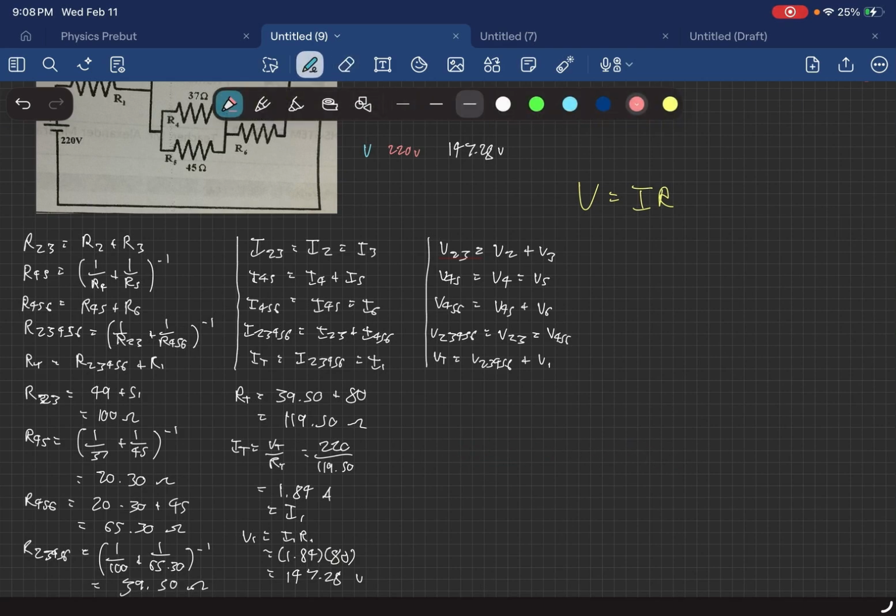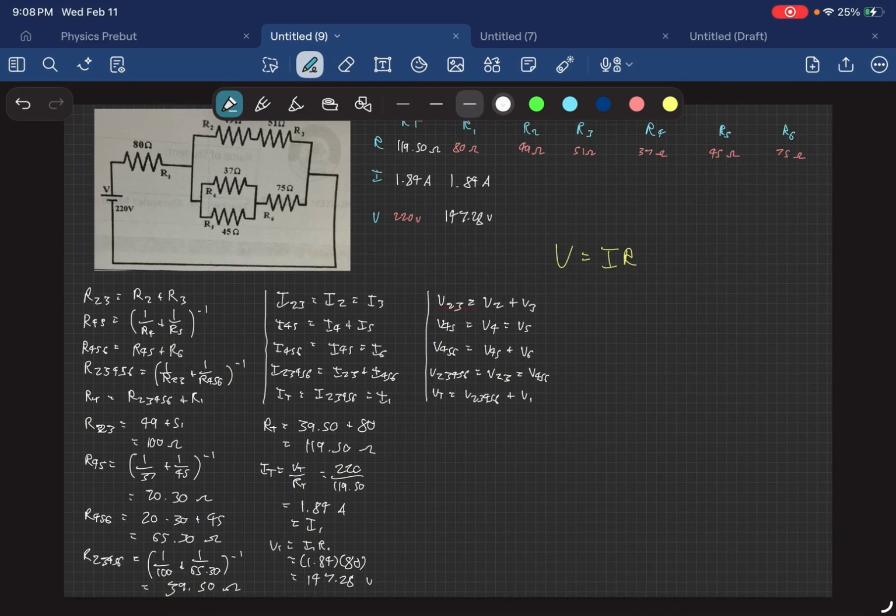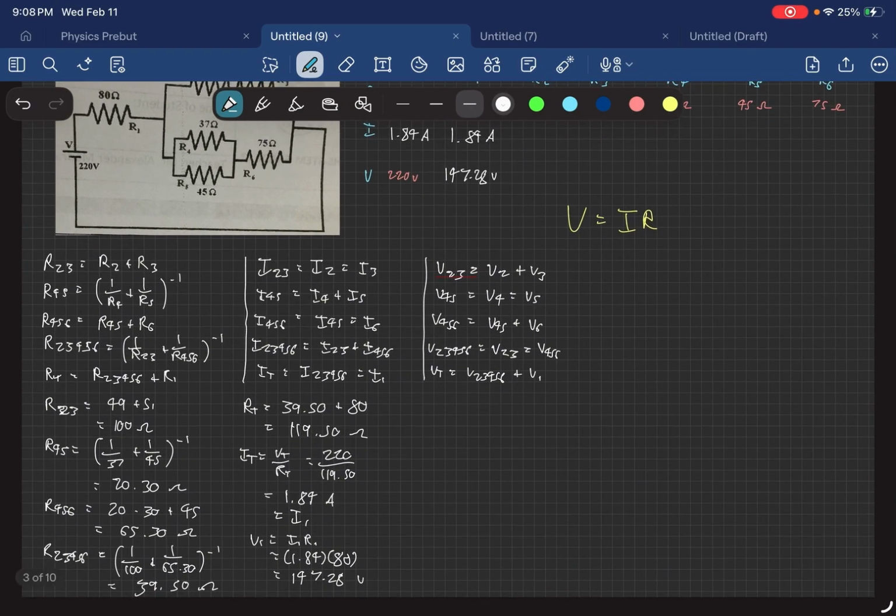So you can solve this in two ways actually. What you want to do is solve for V2 3 4 5 6.